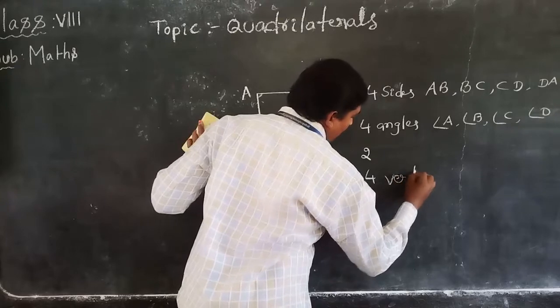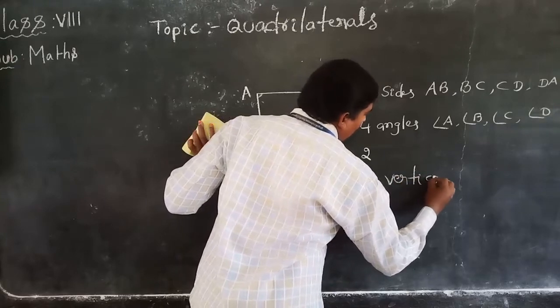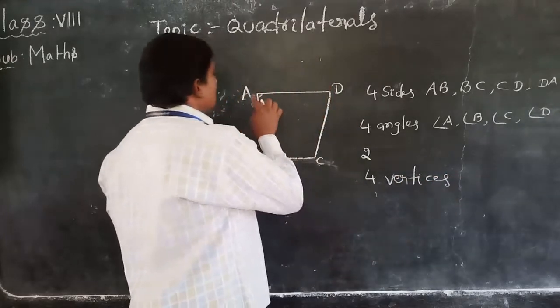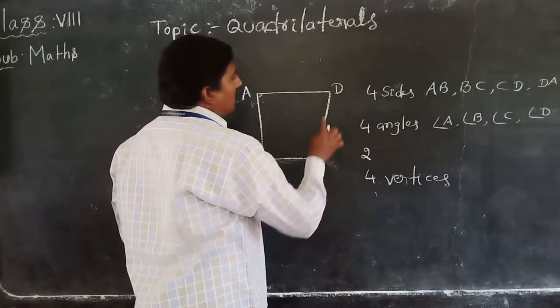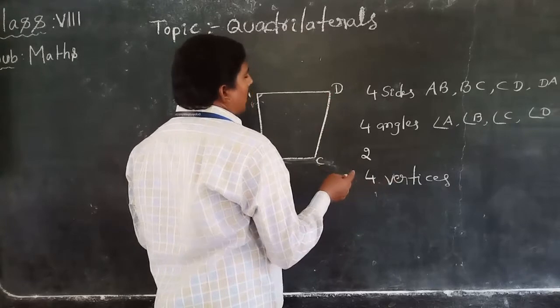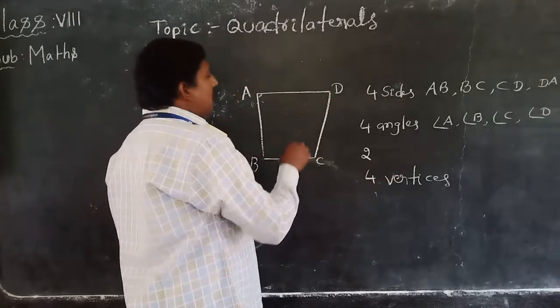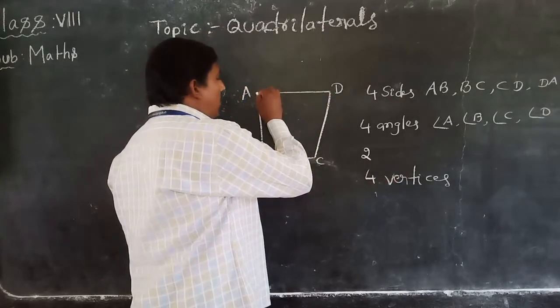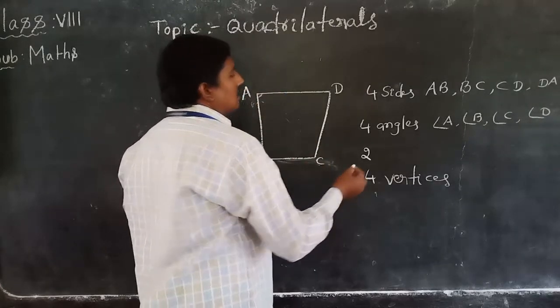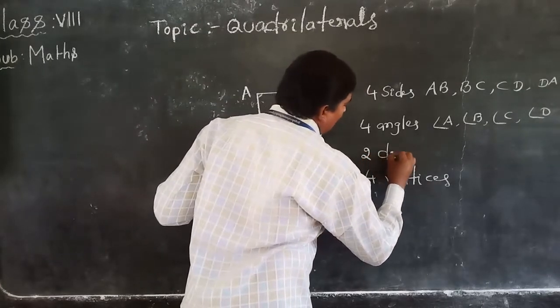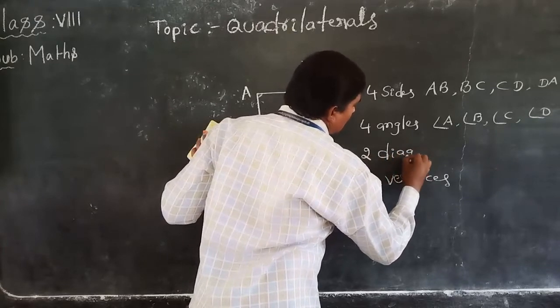Next, we join a line segment between opposite vertices, and that is called a diagonal. Two diagonals.